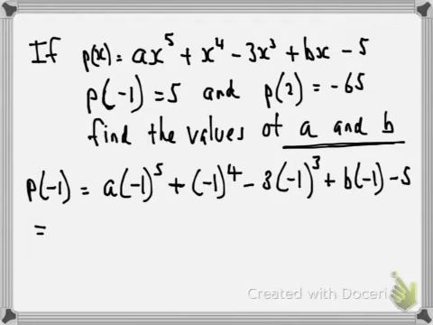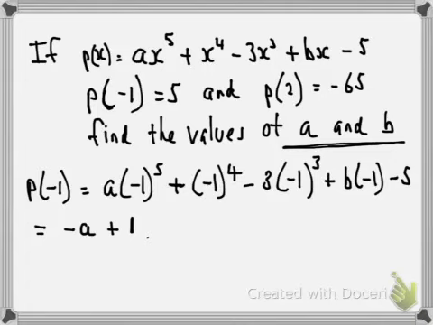So this is going to be negative 1. A negative 1 to the power of 5 is negative 1. A times negative 1 is negative a. We've got negative 1 to the power of 4, that's going to be positive 1. So any negative number raised to an even numbered power will give us positive there.